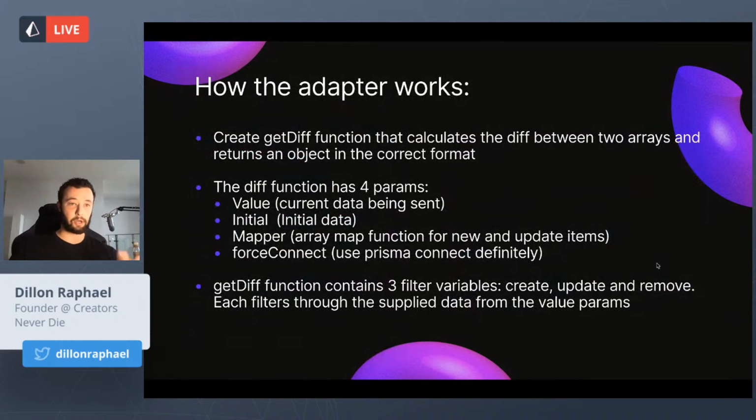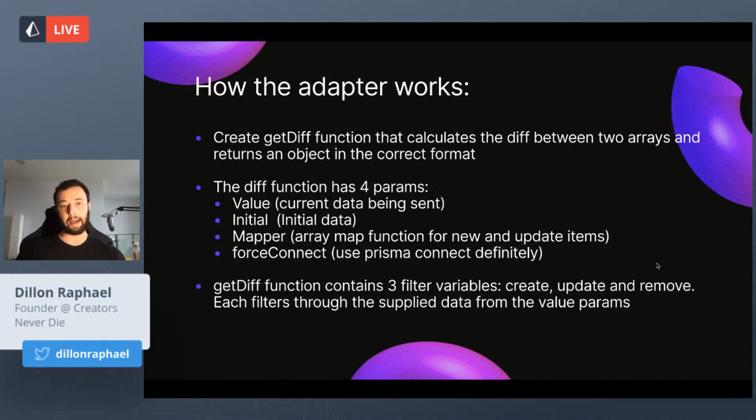How the adapter works, we ended up creating a get diff function, which, if you don't know, it's just finding the difference between the initial array of data, if there is, and the actual values being sent back. So that calculated the two objects.